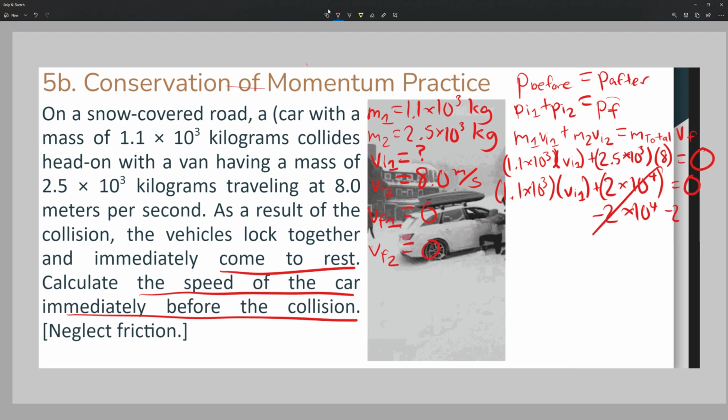So subtract 2 times 10 to the 4 from both sides. And you have this, 1.1 times 10 to the third times v1 is equal to negative 2 times 10 to the 4. And then you divide on both sides.